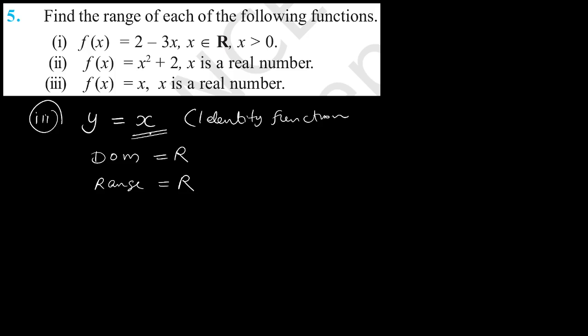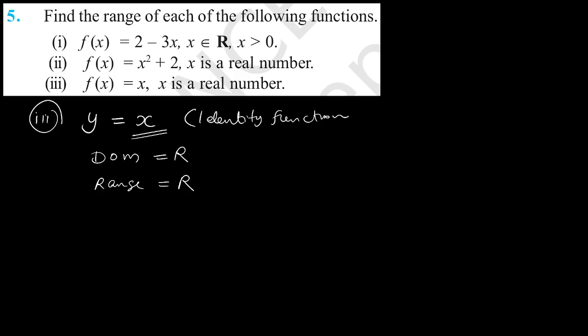The value of y is the same as the value of x. Understood? No arrangement is required. Whatever value you put for x, the same value for y. x takes a real number, so y also gets a real number because y and x are the same thing. If x is 1, y is 1. If x is minus 1, y is minus 1.